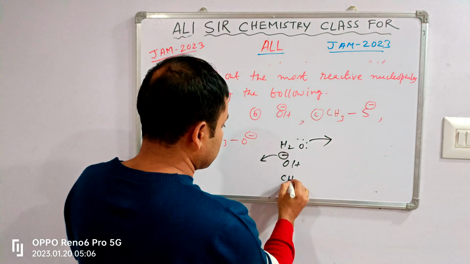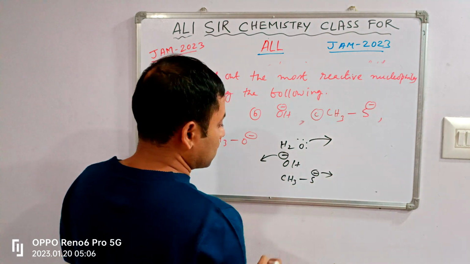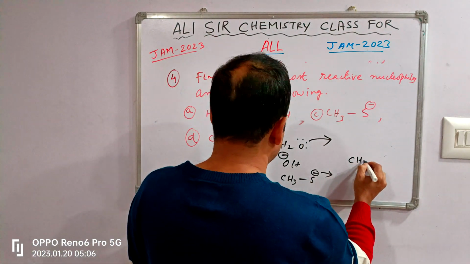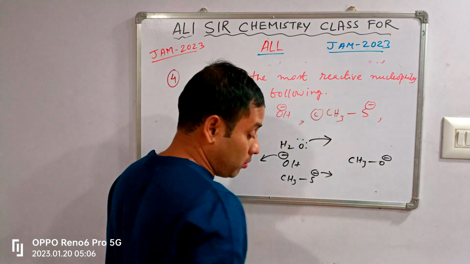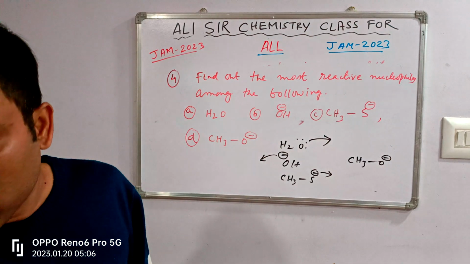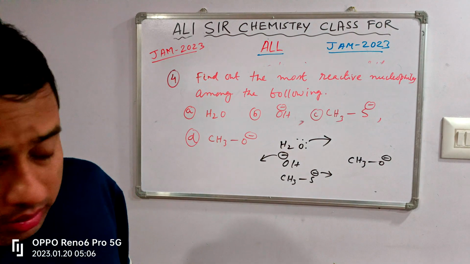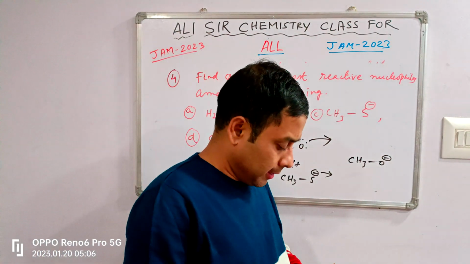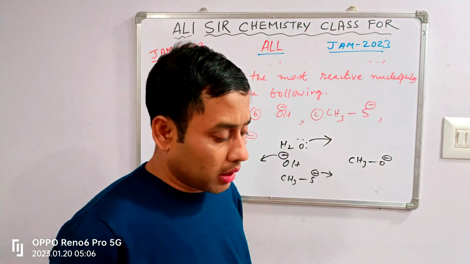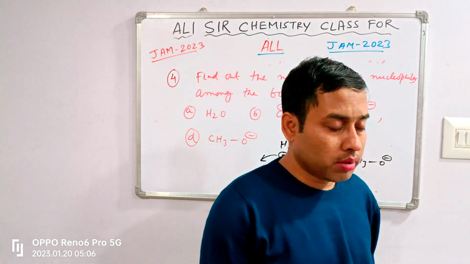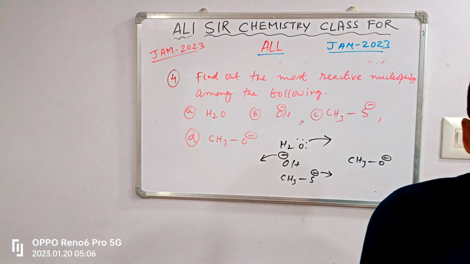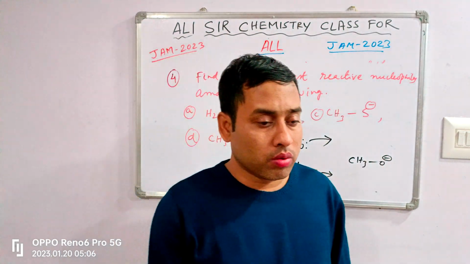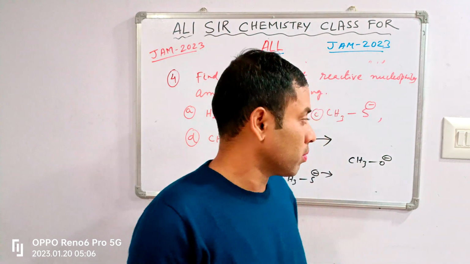CH3S minus is also a donor center, so it also acts as a nucleophile. And the last one is CH3O minus. So all these given anions or neutral compounds act as nucleophiles. Now the question comes: nucleophiles also have another character, which is called basicity. So the question comes to your mind, which properties will be favorable for these compounds.